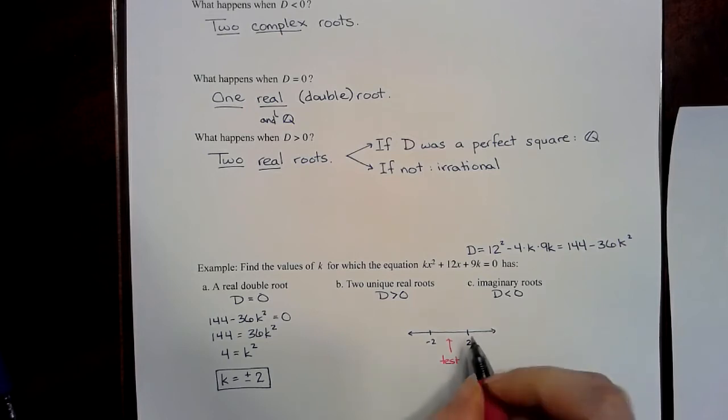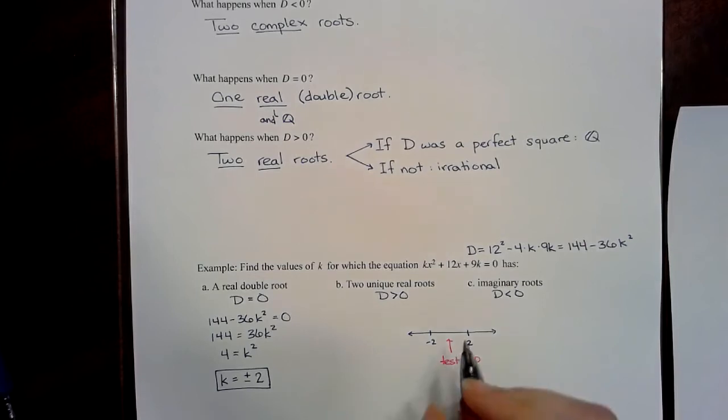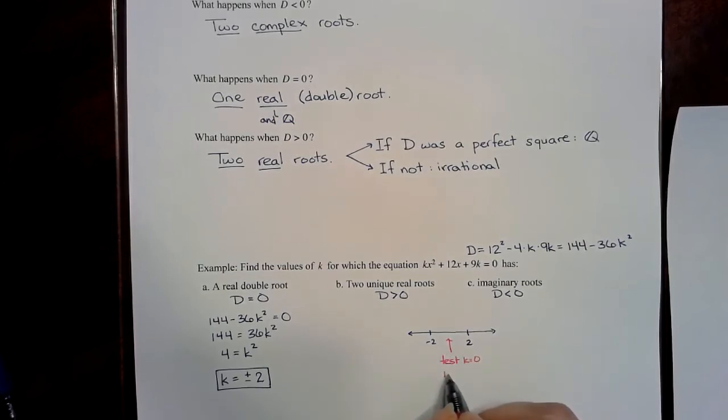The first point I'm going to test is when k is 0, because that's right in between negative 2 and 2. Well, 0 squared is 0, so I'm not subtracting anything from 144, so I will end up with a positive answer.